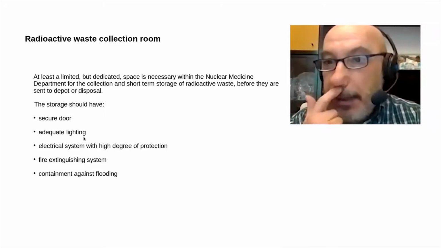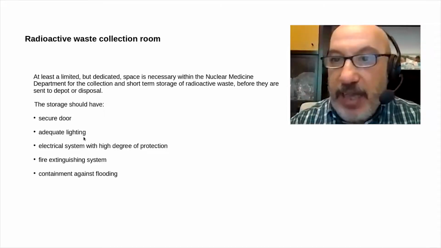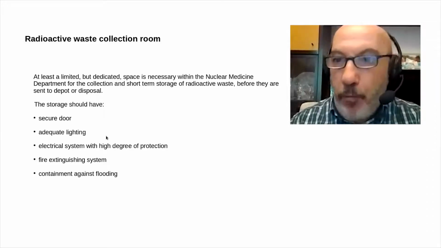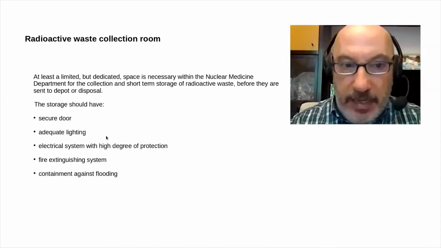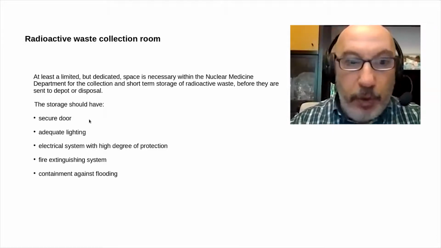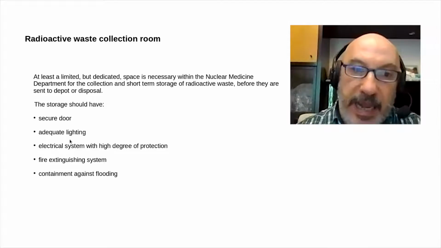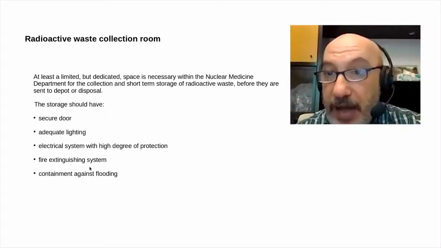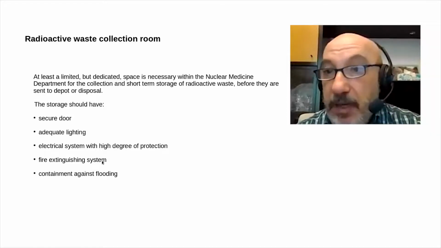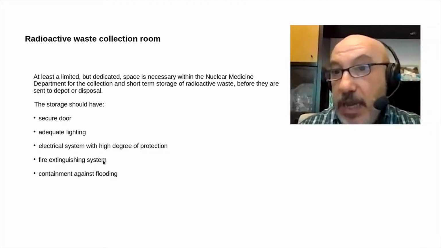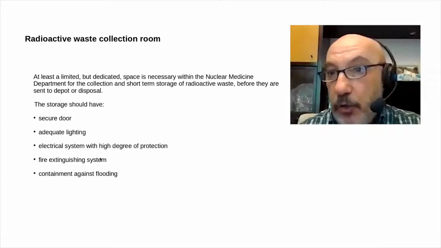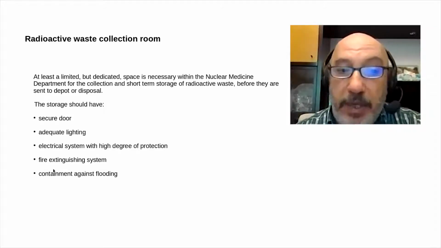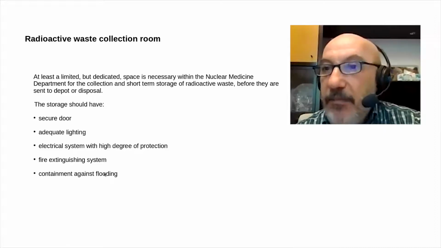They should have adequate lighting so that when the staff access the room, they can see the products and containers properly and be able to read labels. The electrical system should have a high degree of protection, and there should be a fire extinguishing system in place, because in case of fire in a waste collection room, there may be a spread of activity, as well as there should be a means of containment against floods.